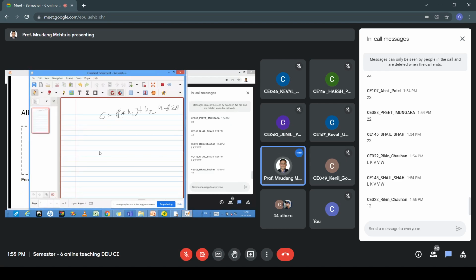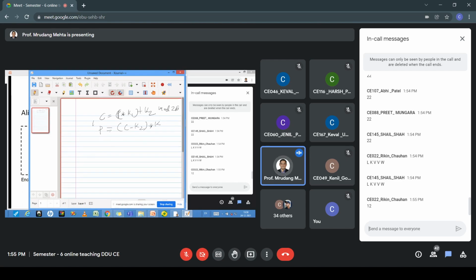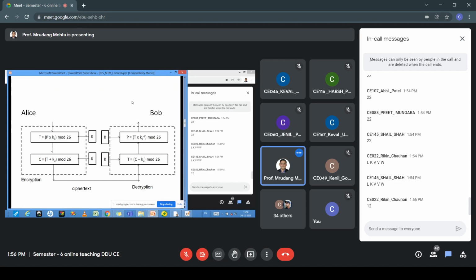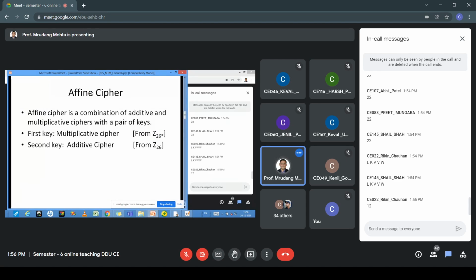So the plain text can be recovered by performing C minus K2 multiplied by K1 inverse mod 26. Okay, this is the formula. This technique is known as the affine cipher.